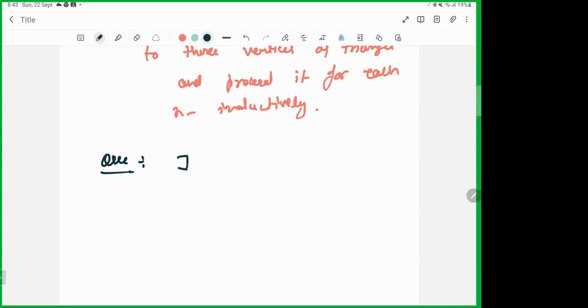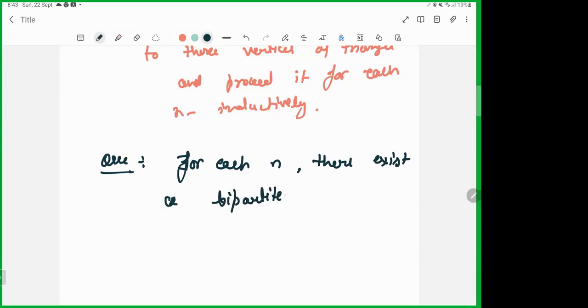So there exists a bipartite graph for each n, there exists a bipartite graph with 2n minus 4 edges.